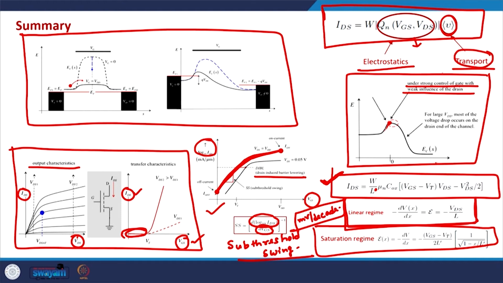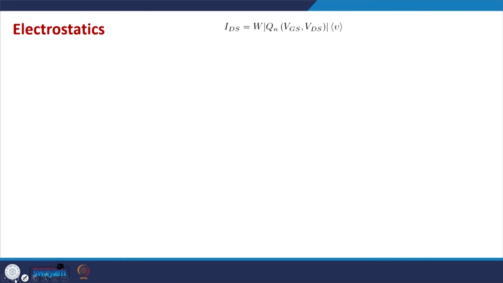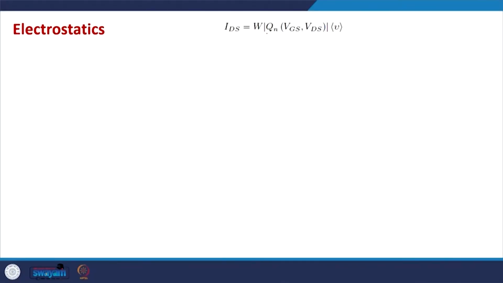Before going into the transport theory, let me give you a glimpse of how the electrostatics of the MOSFET looks like. As you know, electrostatics is an extremely important component of understanding the MOSFET physics, and it primarily governs the charge in the channel, and also has influence on the velocity actually.